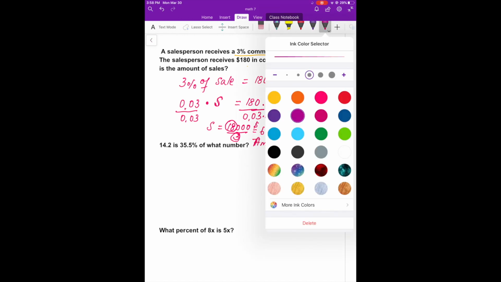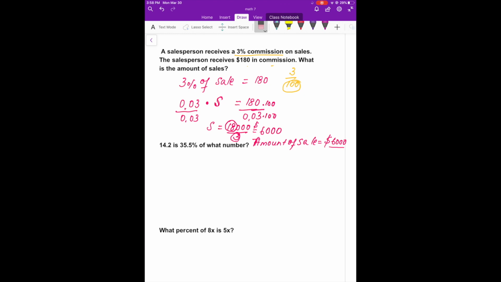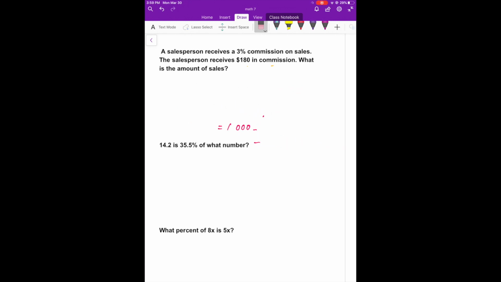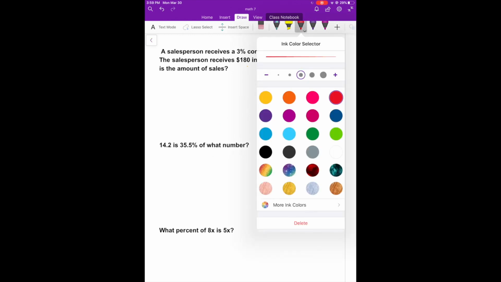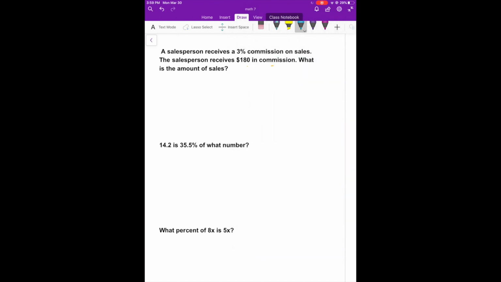Now if you want, we can try using the proportion also. Let's do that. Let me erase this to make room for us to work. If you want, you can rewind and look at the equation. So we are going to use proportion now.